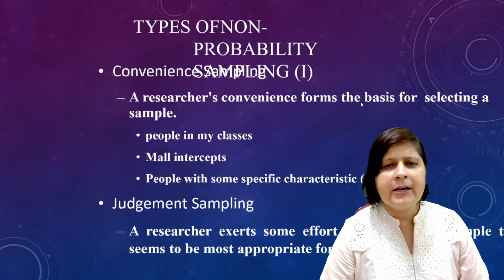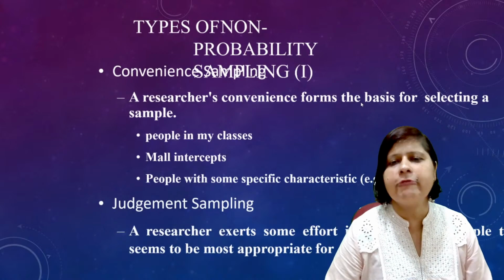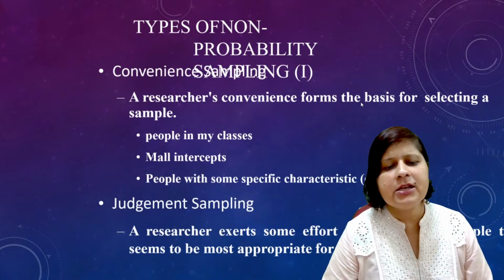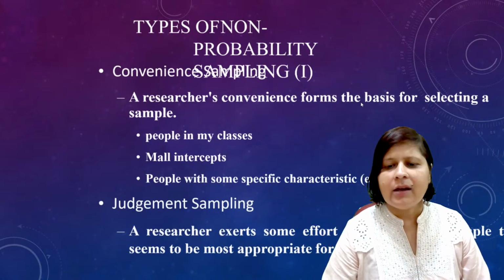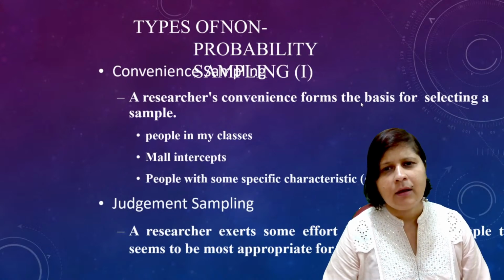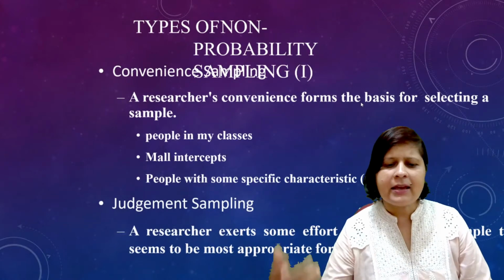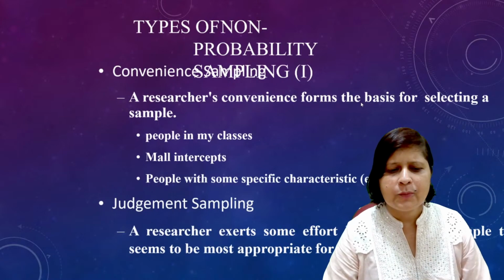Types of non-probability sampling. The first is convenience sampling. As the name indicates, convenience. It depends on the convenience of the researcher. A researcher's convenience forms the basis of selection of the sample. If I want to study students, then I can select the people in my class.